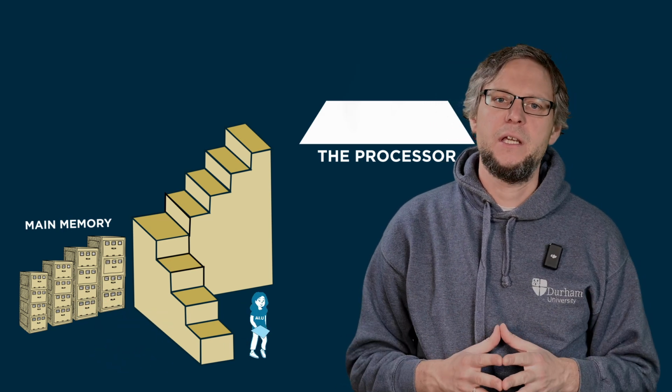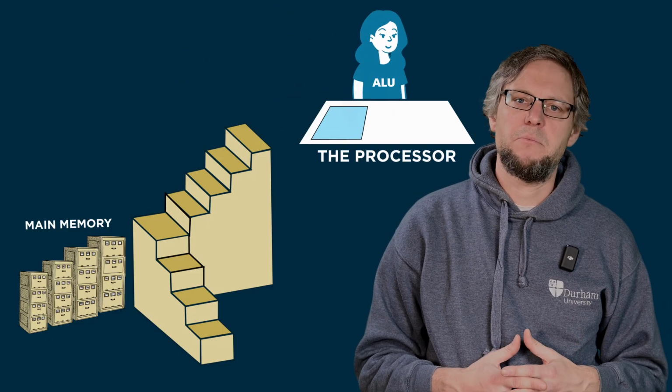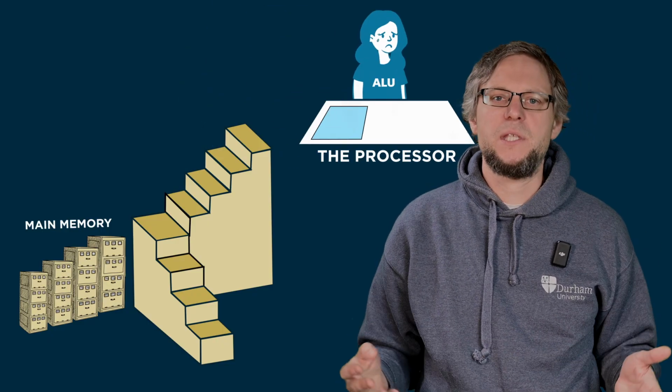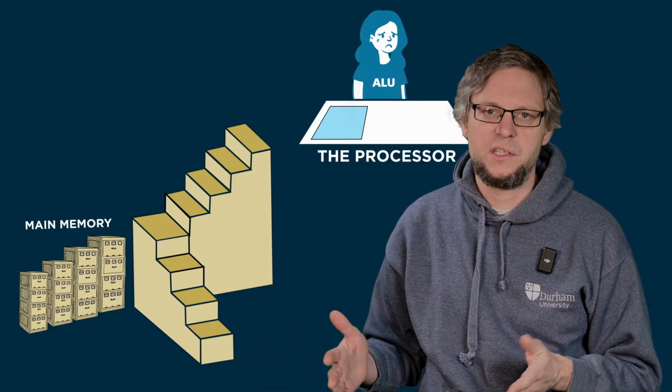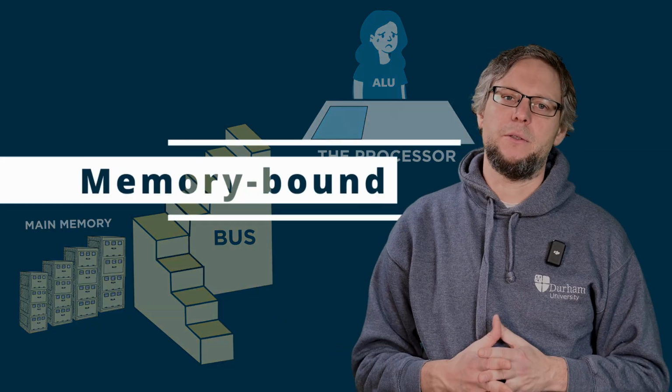As you can imagine, this is a slow and expensive process. Mrs. ALU does not spend much time in the office. She is busy climbing stairs, this is our boss, and getting documents. Her code is memory bound.